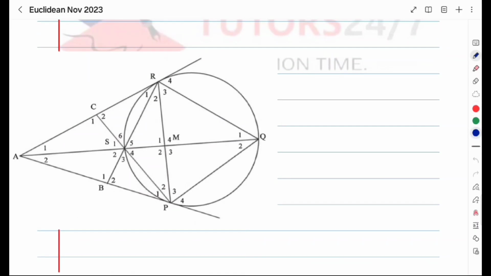So let us start by finding out what is CRM equal to. Now take note that the angle CRM is the angle between the tangent CR and the chord RP, and that angle CRM is equal to the angle in the alternate segment, angle Q, or you can call it Q1 and Q2.